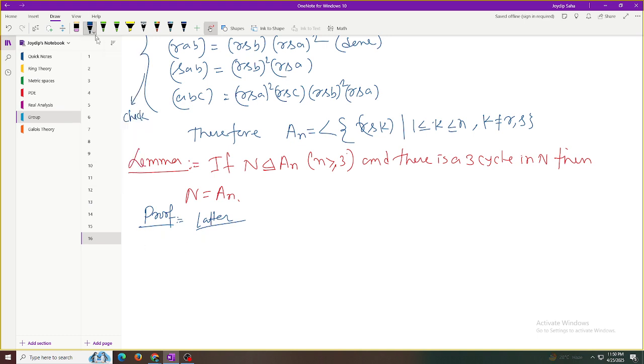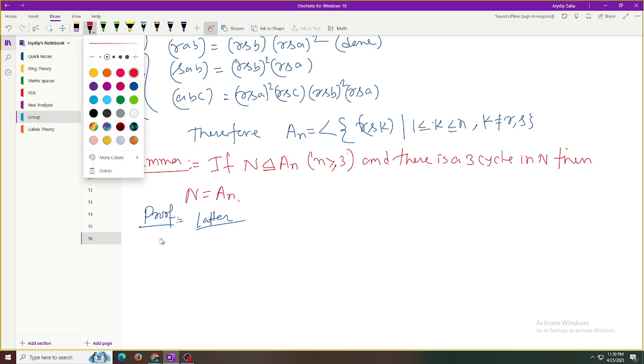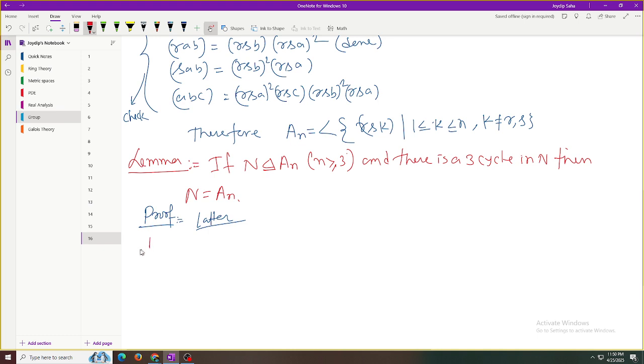A4, observe that A4 has no subgroup of order 6.